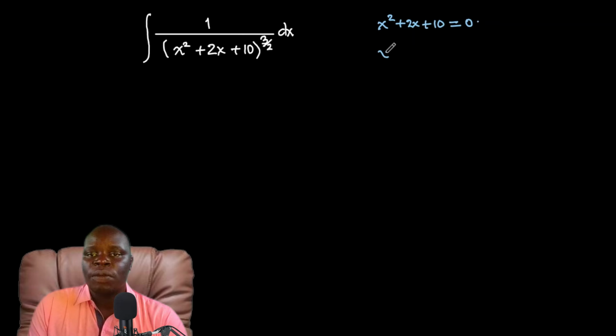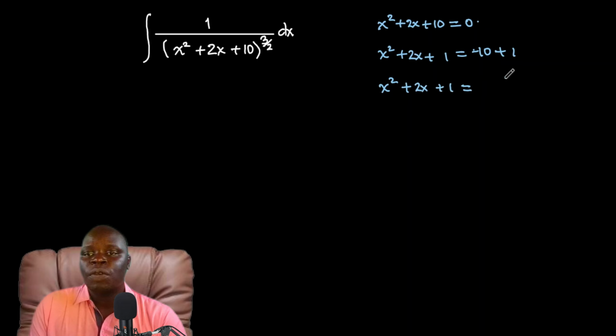This time I will be moving a little bit faster because it's the same thing we have just done in our question A. So we have negative 10. So we have here 1. Also we're adding 1 here. And we have x squared plus 2x plus 1 should be equivalent to negative 9.